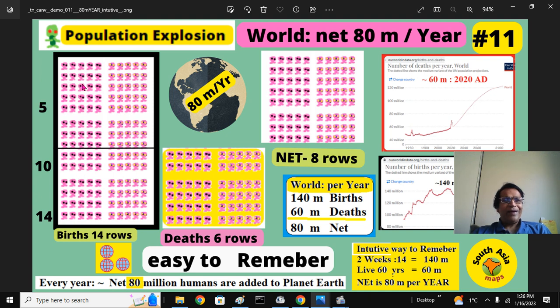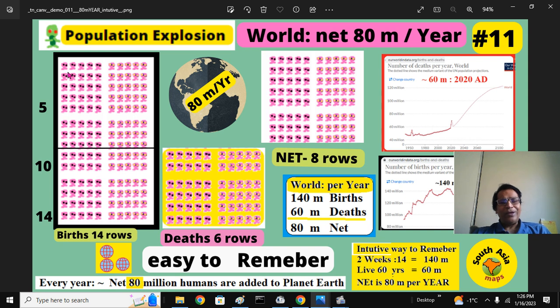We knock down 6 rows, the 4 here and 2 here. We get a remainder of 8 rows. So 14 rows, delete the 6 rows, and a net of 8 rows will remain.